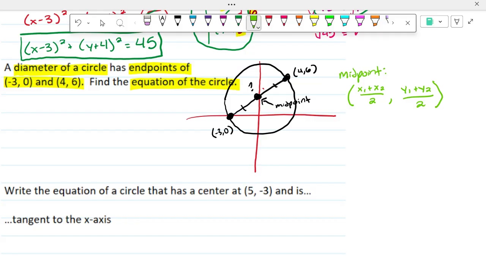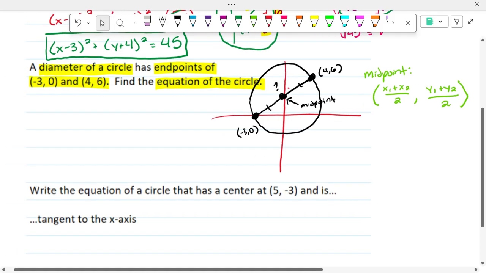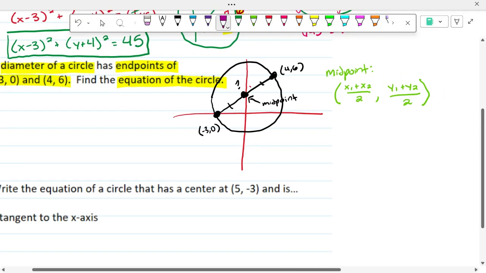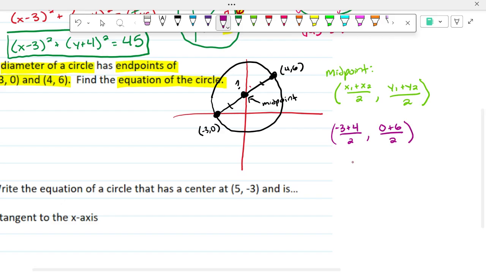All right, so first things first, we're going to find the midpoint, because once we find the center, we can find the radius. So using the midpoint formula, I'm just going to add the x's to each other and divide by 2. Same thing with the y's: add the two y's together, divide by 2. So -3 plus 4 is 1, divided by 2 is just 1/2.